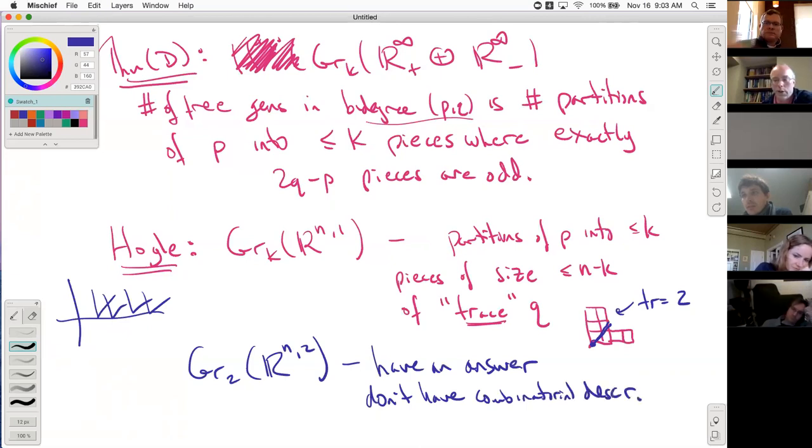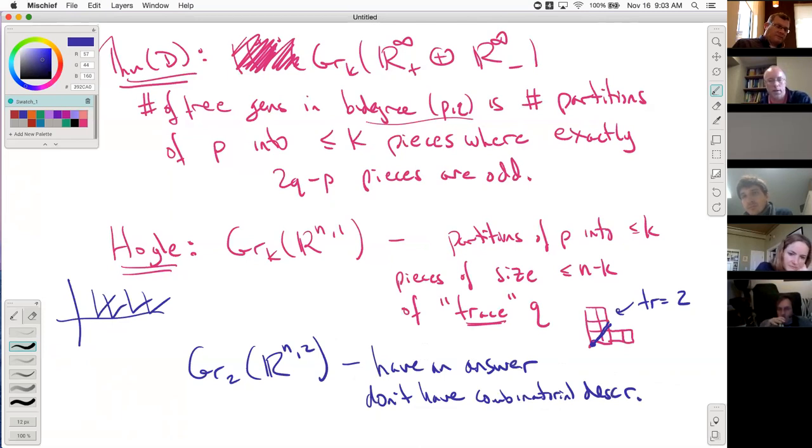But this is sort of an interesting question, right? I mean, we're taking Young tableaux of a certain type, and then we're sorting them according to this topological weight. You would expect that to have some kind of combinatorial description. So that's an interesting open problem.